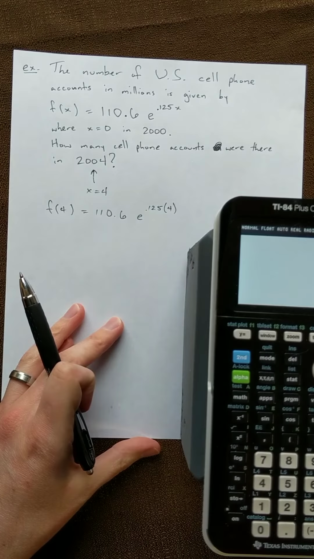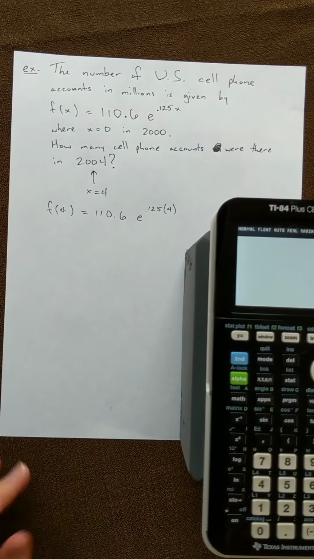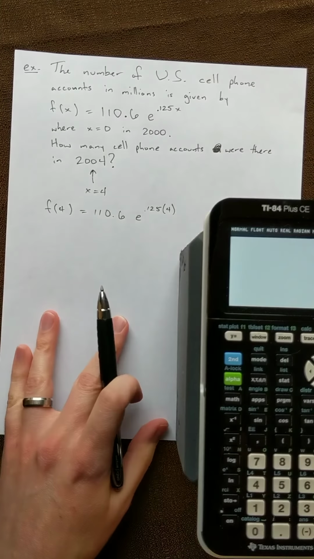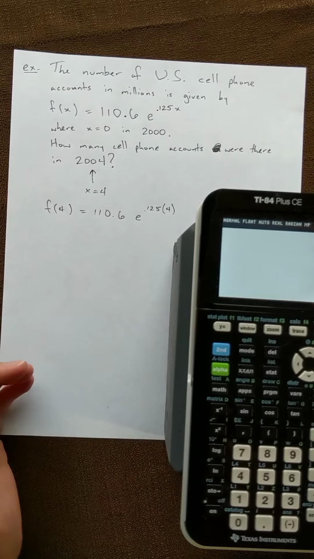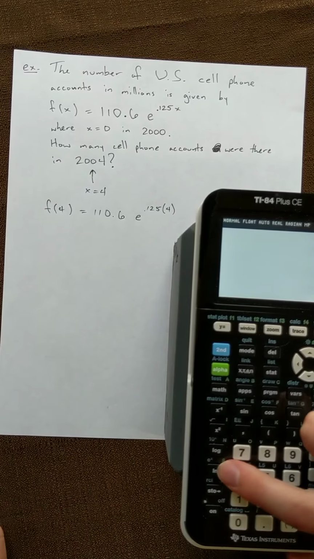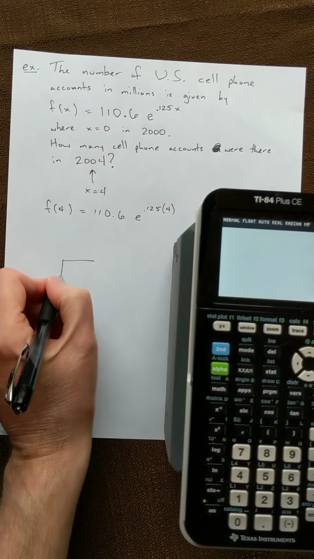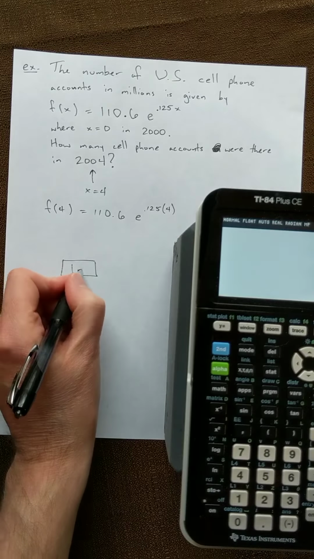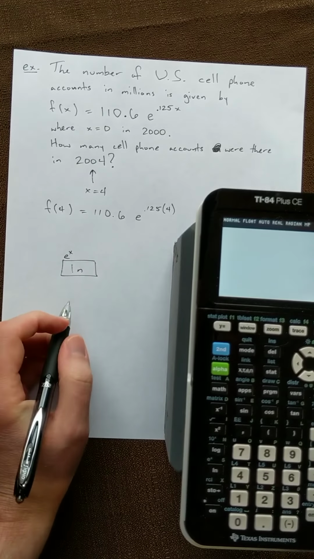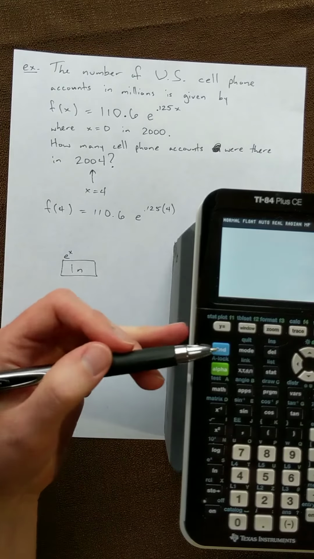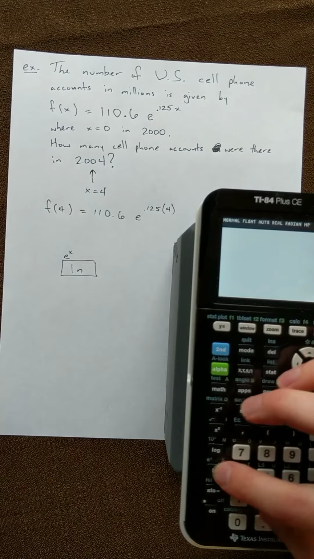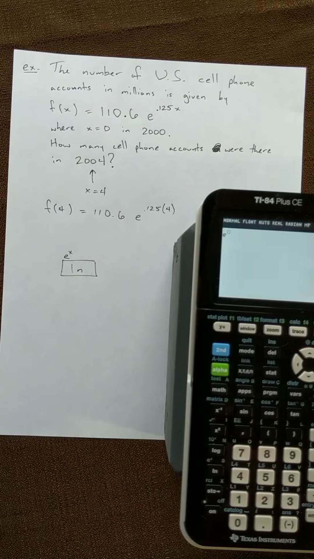There. Okay. You're going to have to look and see where the e button is on your particular calculator. Mine, it's right here. I don't know how well this is going to come across on the screen, but it's actually the LN button, and then e to the x is right above that. It's in blue, so I'm going to have to hit second and then e to the x when I'm ready to type that.